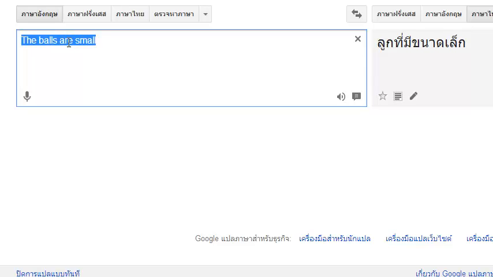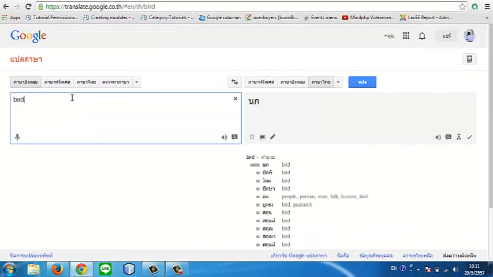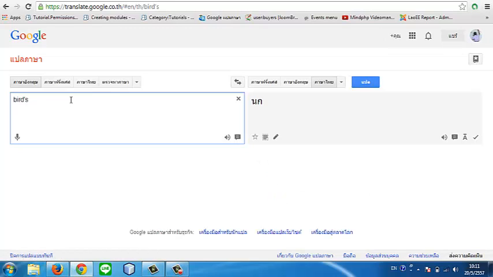Now there are many ways of making plurals, like when you say bird, we only add s to make it plural.